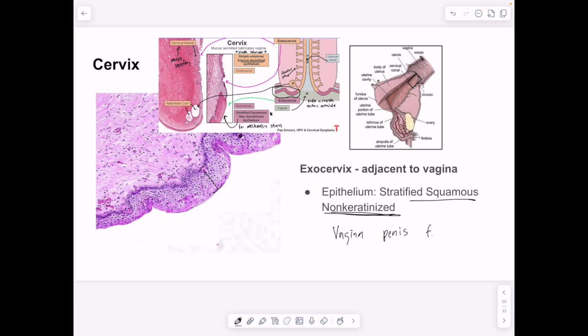And so there's friction. And so the cervix, being adjacent to the vagina, is going to need a friction surface. And so you have stratified squamous, non-keratinized. And so you can see a transition from columnar to stratified squamous, non-keratinized. And so this would be the start of your ectocervix, right there.